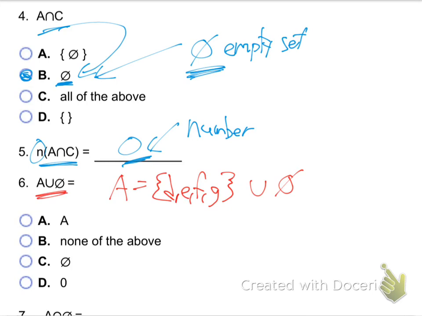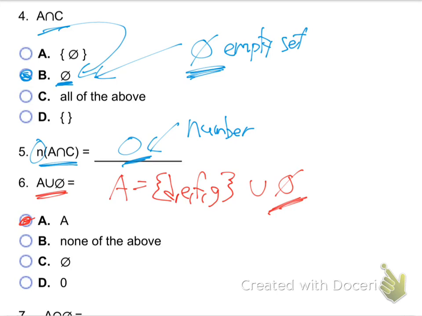So if you take set A, D, E, F, G, and you remember union means you just combine them together. Well, you're adding nothing to it. It's just going to be set A again, isn't it? Does that make sense? Because U means unite together. Put them together. So you're adding nothing to set A. You're just going to have set A.